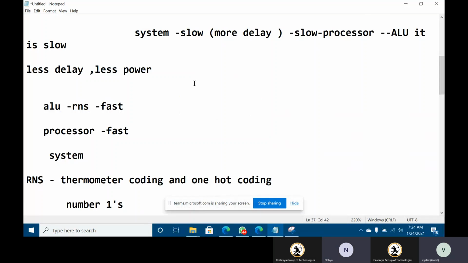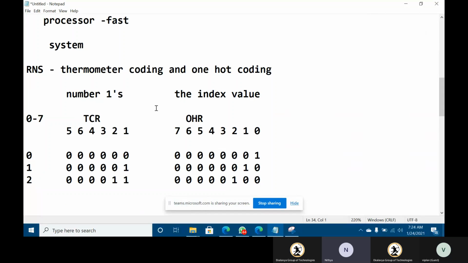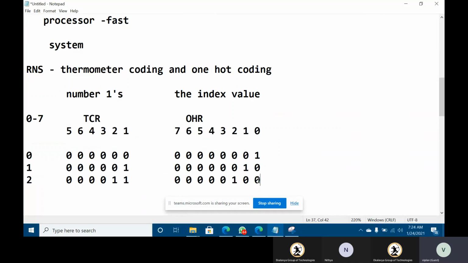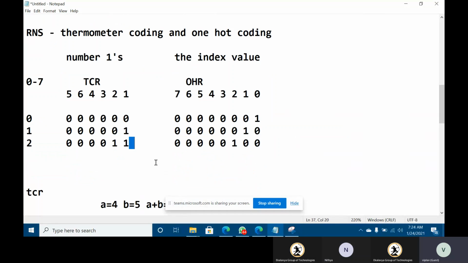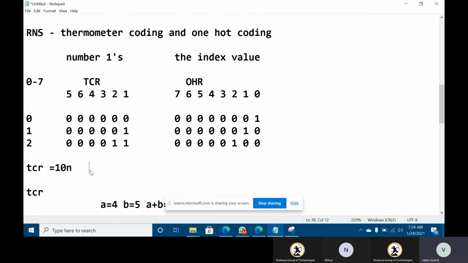Compared to TCR or one hot coding, which one will be better? Whenever we implement, we can check the reports. Suppose TCR gets 10 nanoseconds of delay when I am doing a circuit, for example addition, and in OHR we are getting 9. Then OHR is faster.